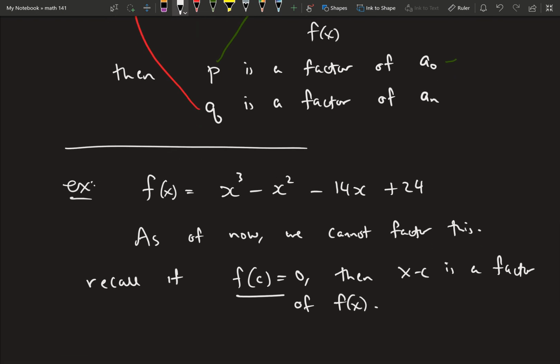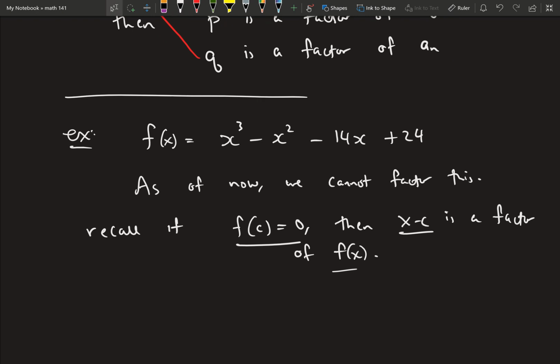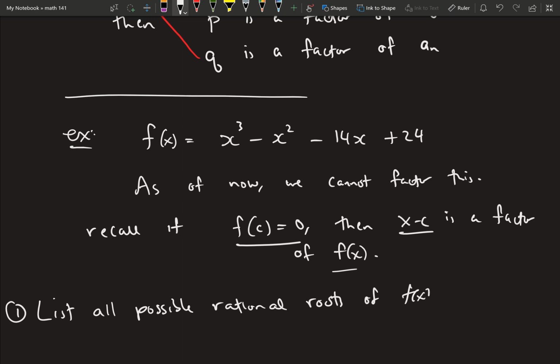If you have that f of something is 0, then x minus that is a factor of f of x. So let's now consider all possible roots. Our first step here is to list all possible rational roots of f of x.